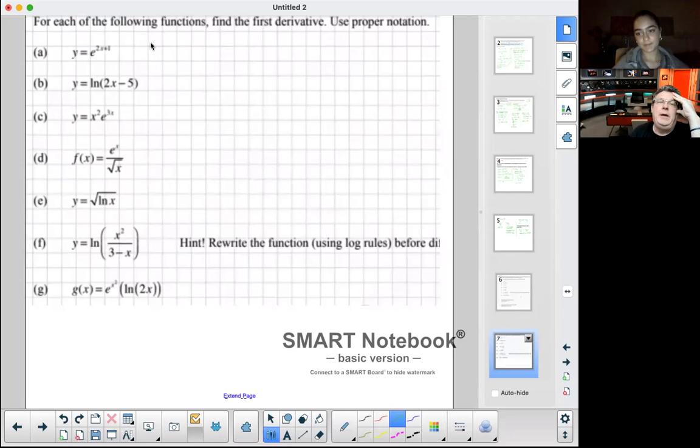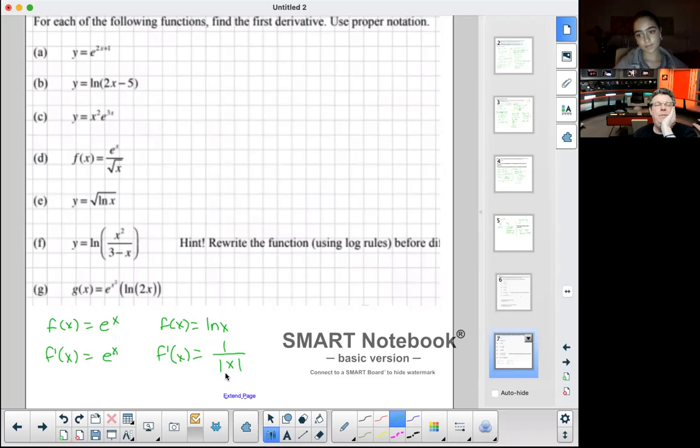Okay, so this is a chain rule. The first thing we need to know is if f of x equals e to the x, f prime of x is also equal to e to the x. Now, if f of x equals the natural log of x, the derivative is equal to 1 over the absolute value of x.